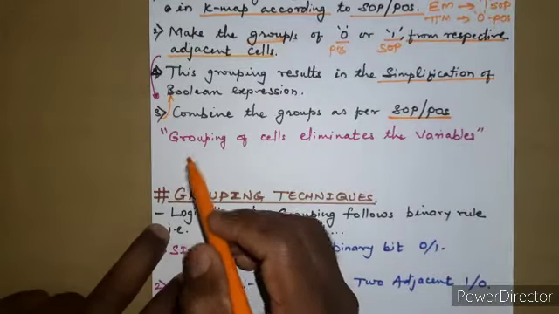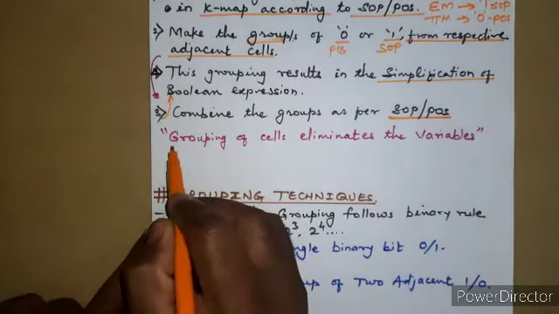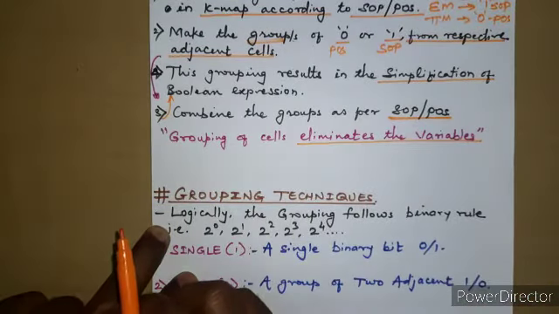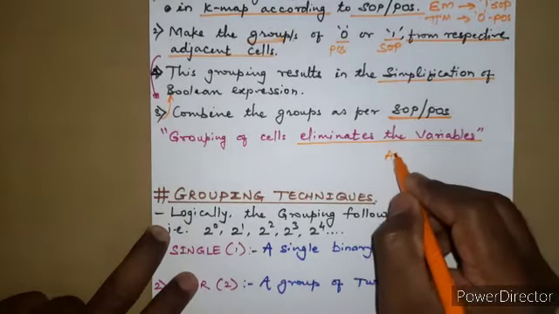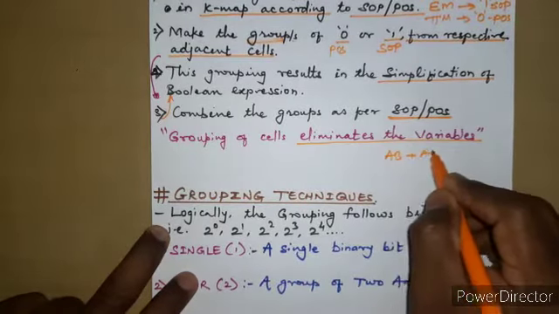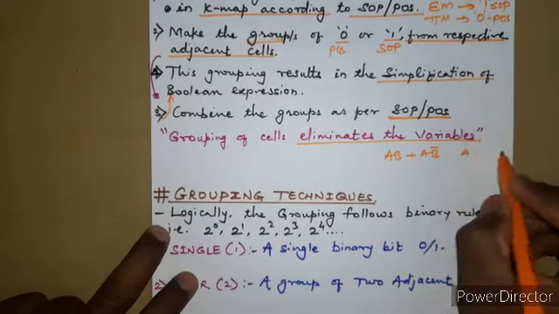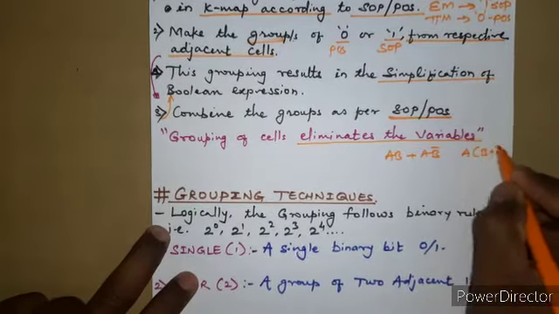Now one advantage of grouping the cells is that it eliminates variables. It's like if we have AB plus AB bar, algebraically we take A as common and then we have B plus B bar.